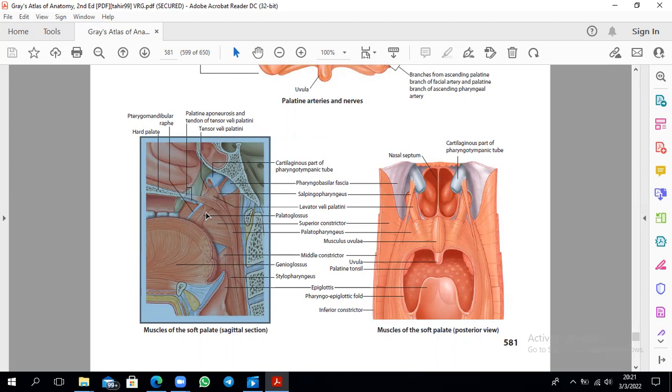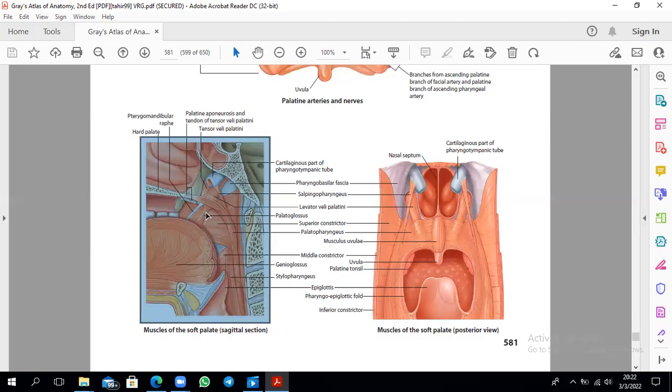I will not bore you with origin and insertion of these small muscles, but in terms of the nerve supply, all the muscles of the soft palate are innervated by the cranial root of the accessory nerve through the pharyngeal plexus, except the tensor palati.